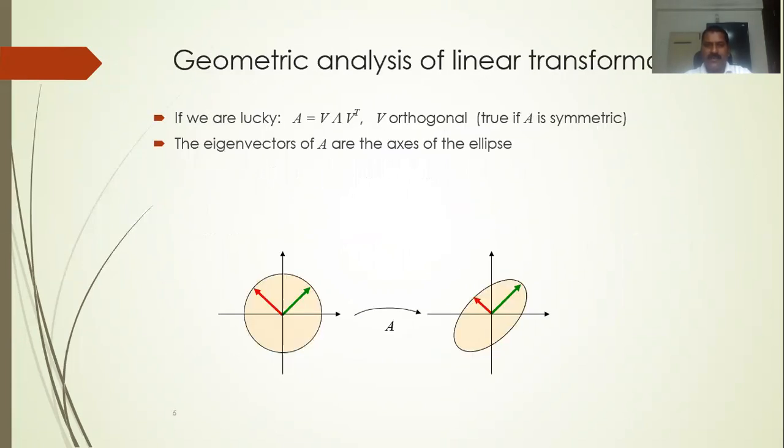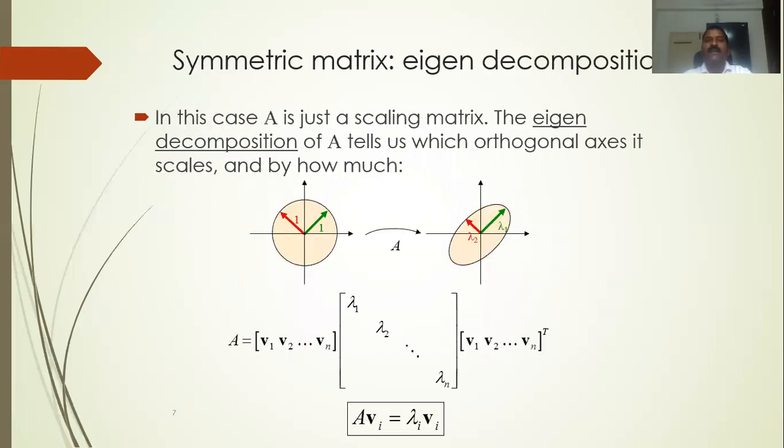Now, if A happens to be a symmetric matrix, we are very lucky that we get an orthogonal decomposition. Meaning we can construct V as an orthogonal matrix, and the eigenvectors will go as the axes of that ellipse or hyperellipse.